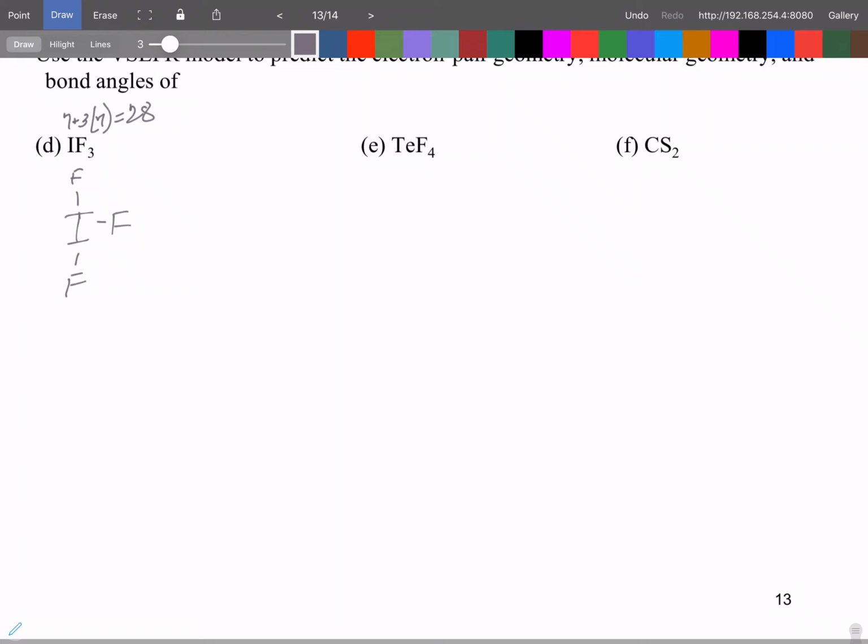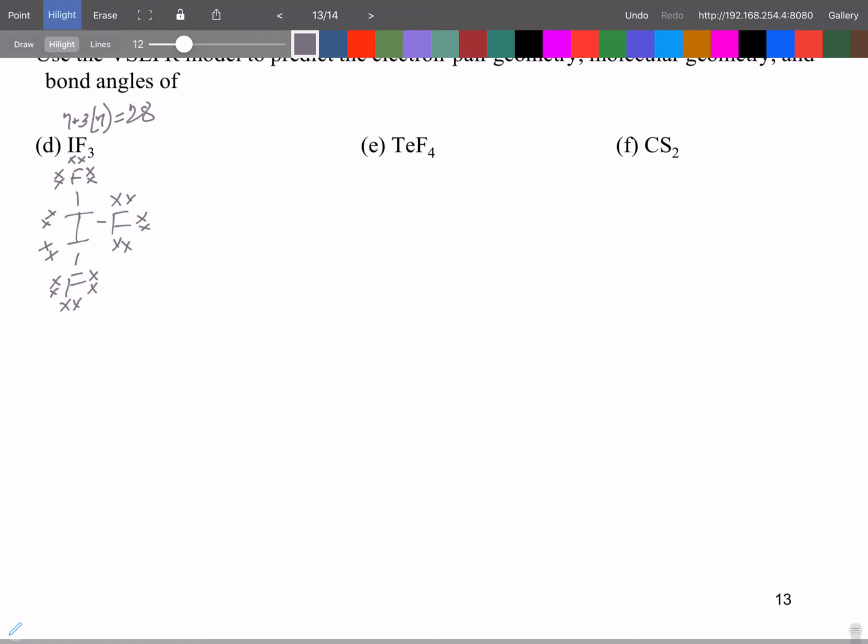So that's 2, 4, 6, 8, 10, 12, 14, 16, 18, 20, 22, 24. Remember the rule is put anything left on the central atom, even this is extra. So that was 24. So we have 26 and 28.